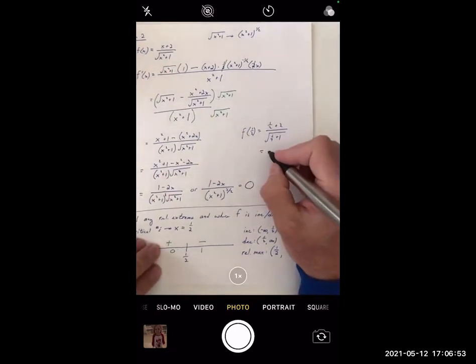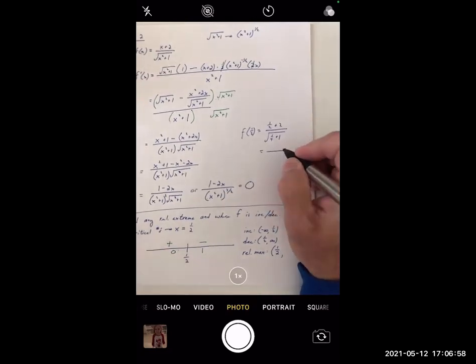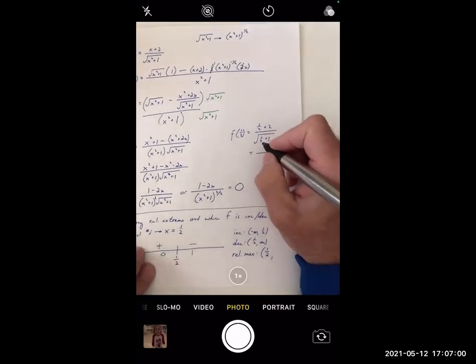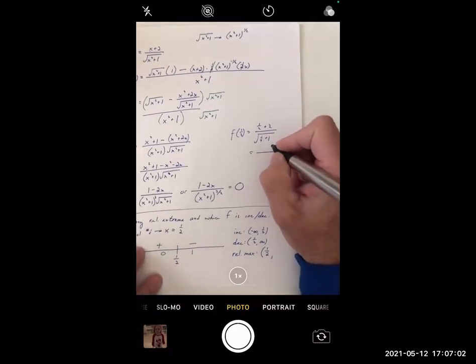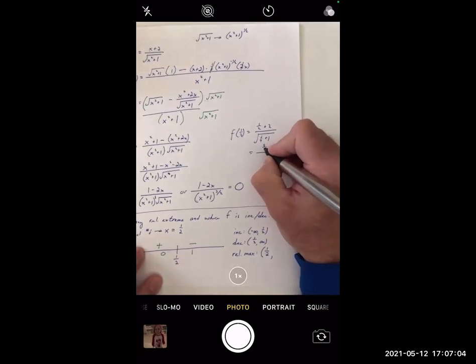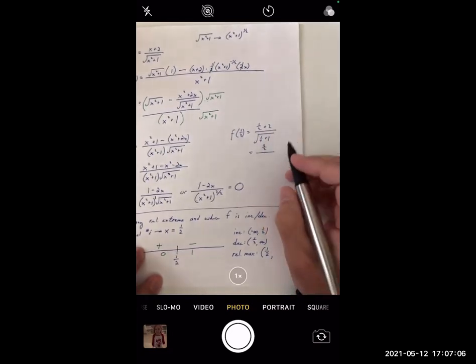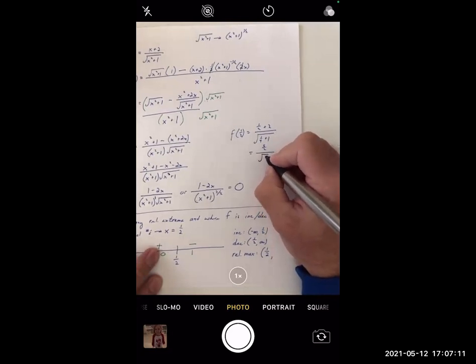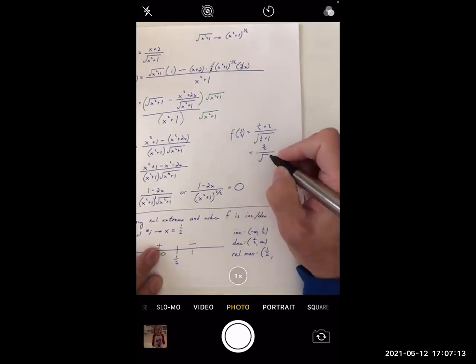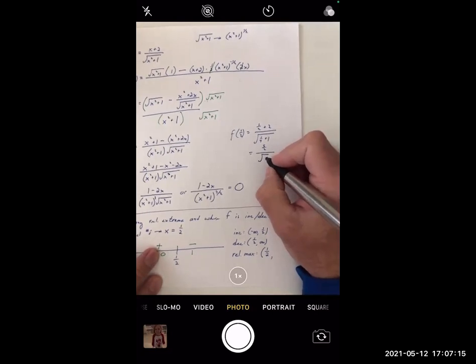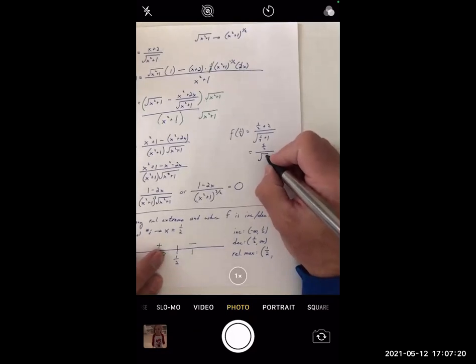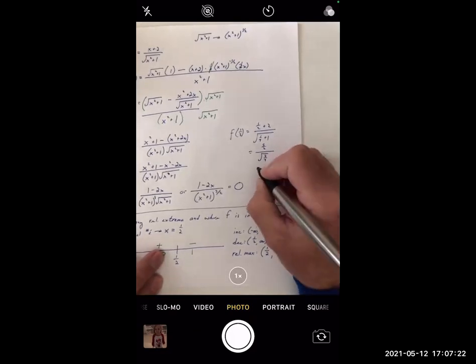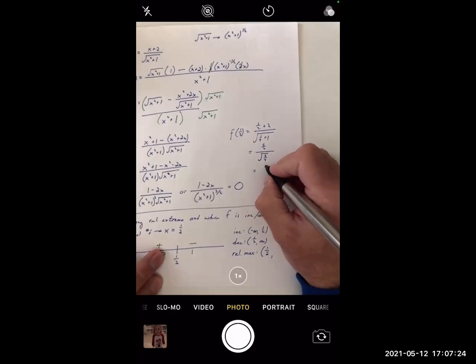Okay, so let's start to simplify it. What's 1/2 plus 2? 5 halves. 1/4 plus 1. 5/4. So we can root it a little bit.